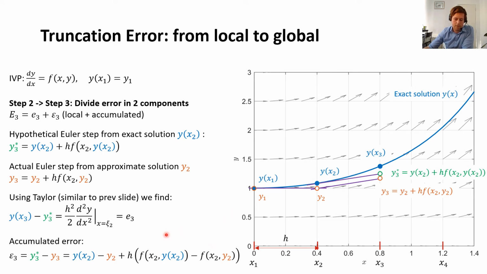So that's what this term quantifies. And let's try to manipulate these formulas a little bit more, such that we can try to see what happens if we keep on doing more and more steps, and whether this also affects the order of the total truncation error.